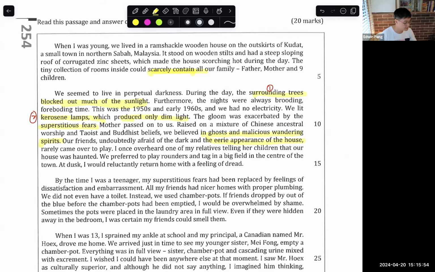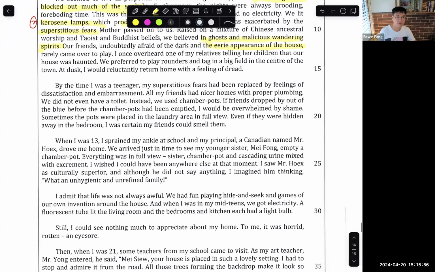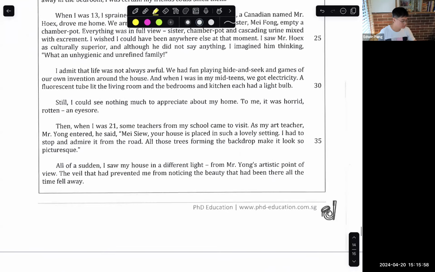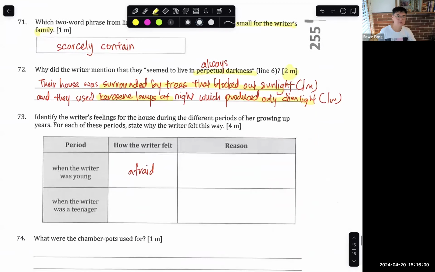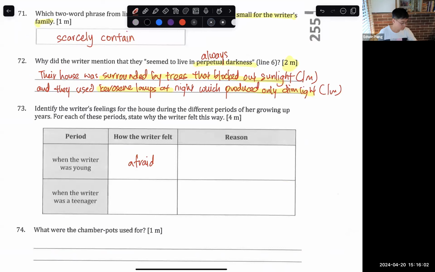Okay. So, like I said, therefore, the reason they were afraid of, and the keyword here is ghosts and spirits.